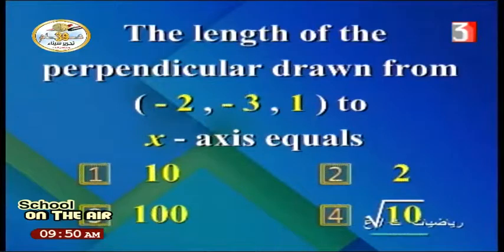But in this example, we need the length of the perpendicular drawn from the point (negative 2, negative 3, 1) to the x-axis. We use the rule square root of y squared plus z squared: negative 3 squared is 9, 1 squared is 1. The answer is root 10.